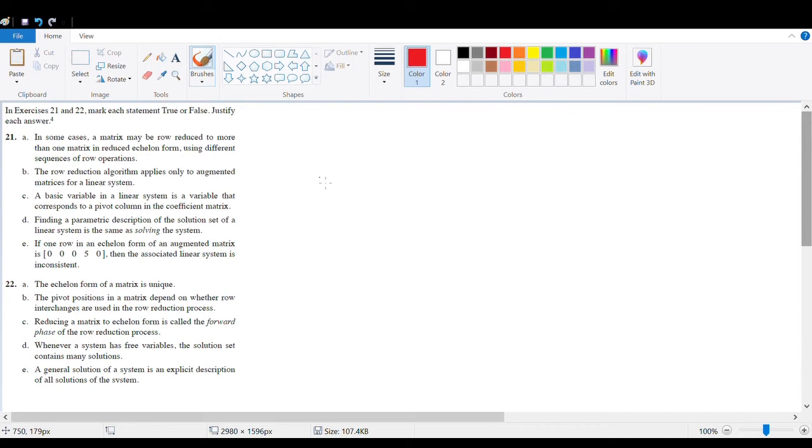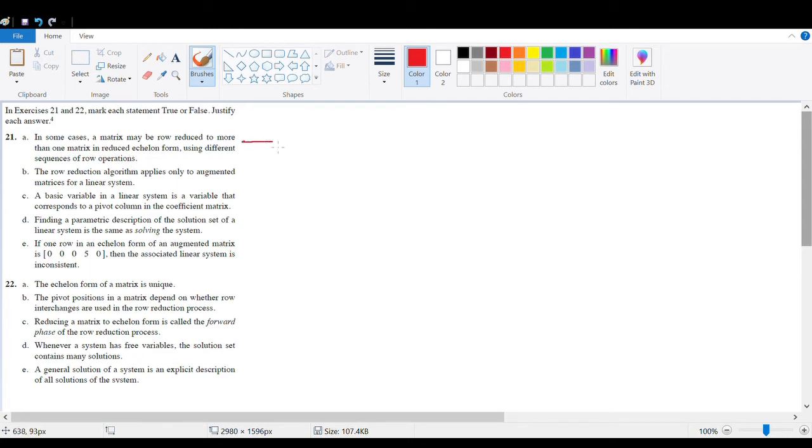For exercise 21 and 22, we need to mark each statement true or false and we need to justify our answer. So for the first statement here we have, in some cases, a matrix may be row reduced to more than one matrix in reduced echelon form using different sequences of row operations.